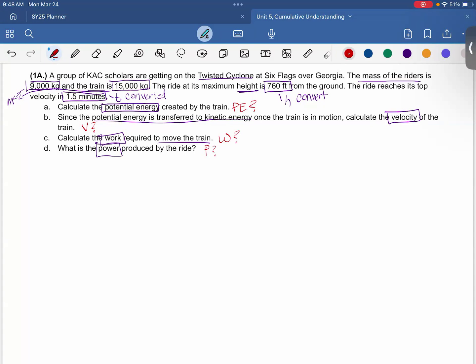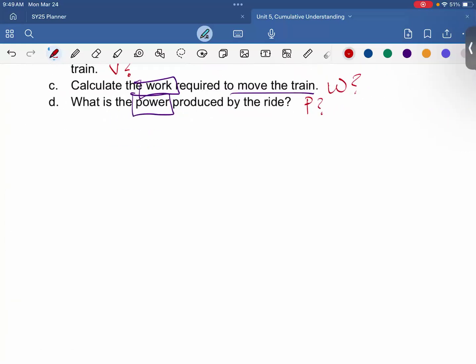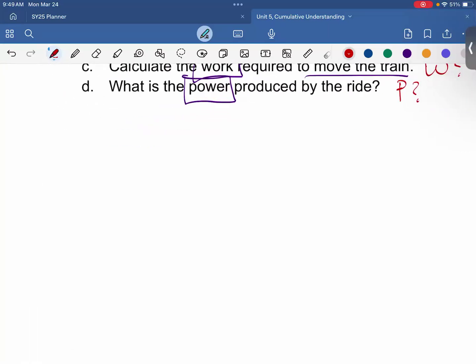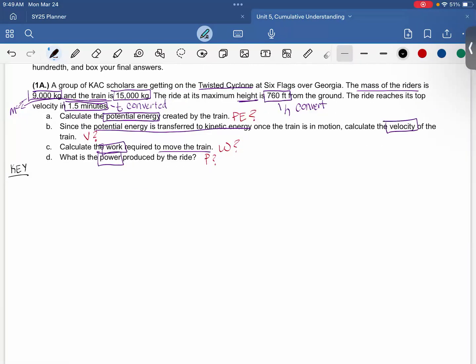The first thing I like to do before I even start to calculate is go through my given information and identify what I do and do not have. So I'm going to make a real small key at the top with the information that was given to me in the problem. The first thing I noticed is that they gave us 2 masses: the mass of the riders and the ride together.